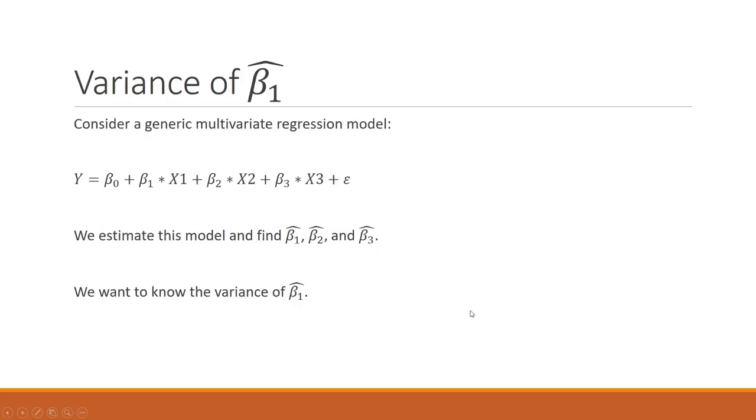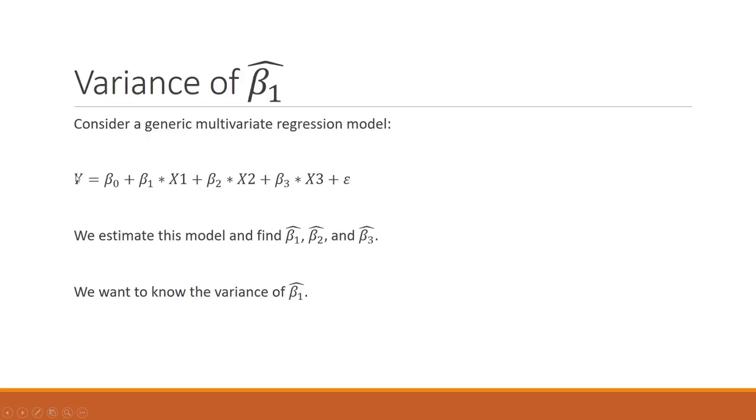All right. So let's drive this home by talking about how we calculate the variance. How do we calculate, or as you'll see in a moment, estimate the variance of beta 1 hat? All right, let's talk about that. To do that, we are going to consider a generic multivariate regression model.